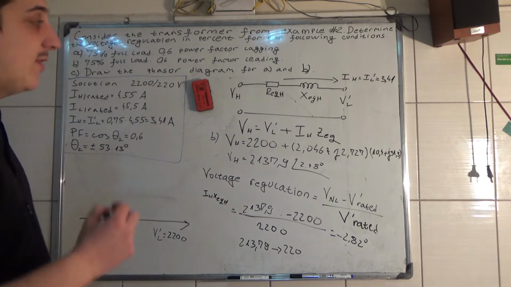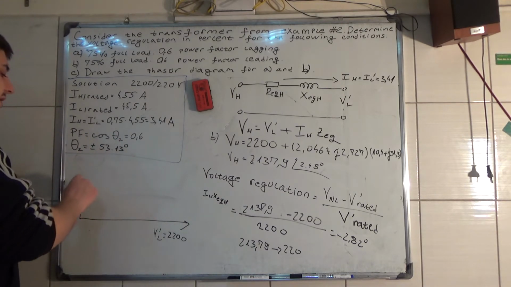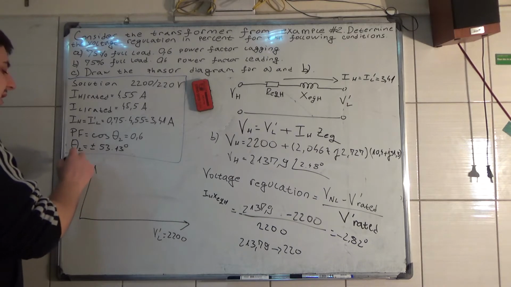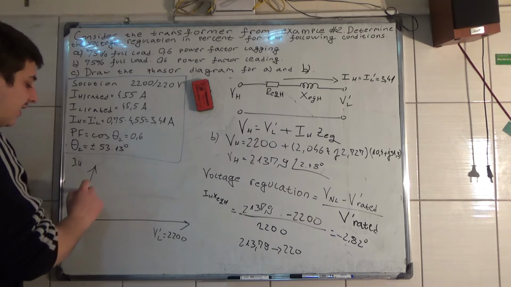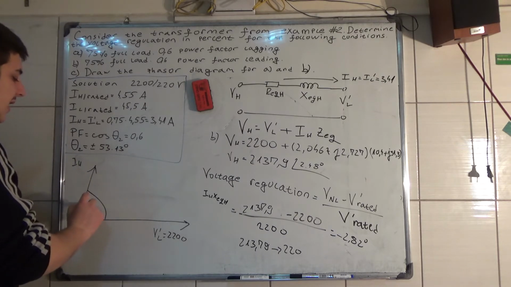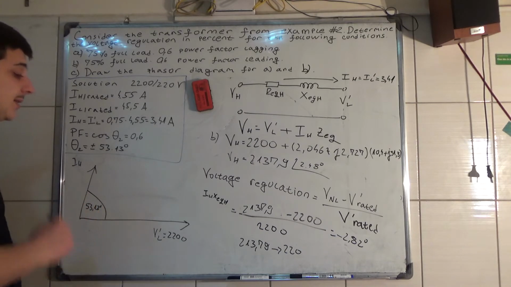Now you have power factor leading, so the current is here, something like this, and the angle from here to here is plus 53.13 degrees. So plus, not minus.